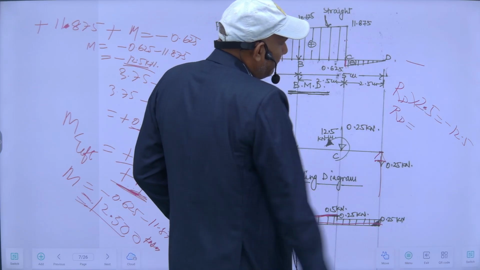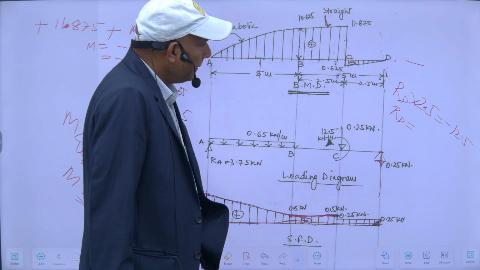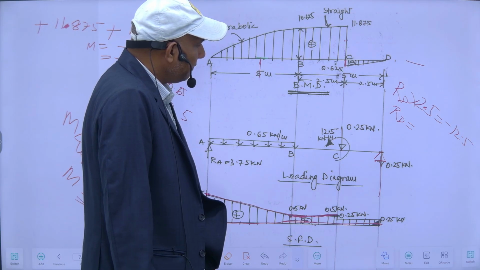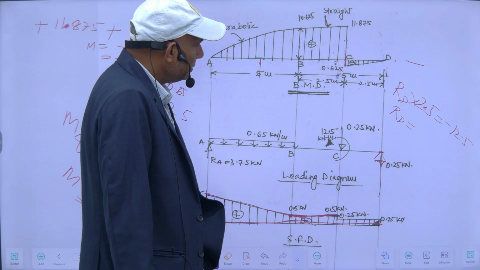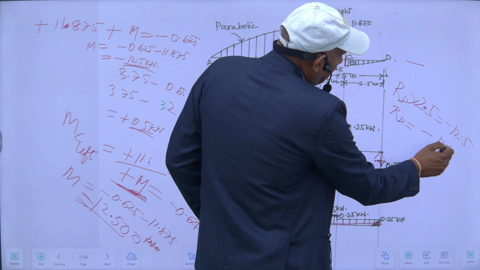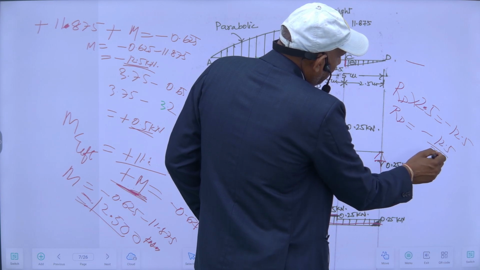So it is 2.5, and this is 12.5 kilonewton meter. So RD will be 12.5 upon 2.5.